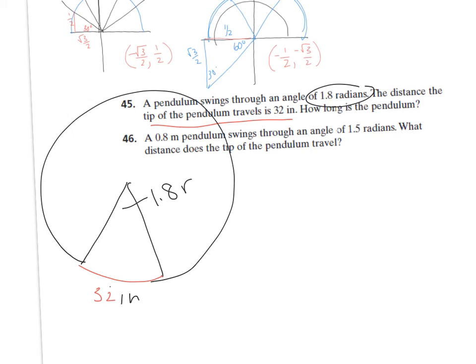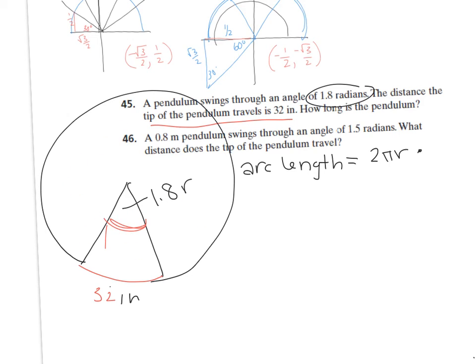So arc length is equal to the circumference times how much of the fractional part of the angle that you're working with. So if this was a degree, we would do this degree divided by 360.